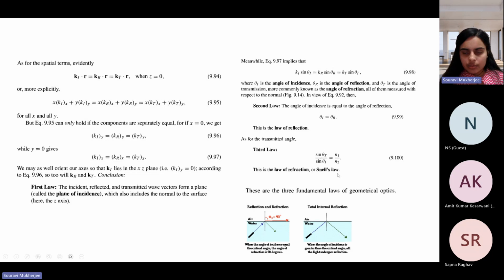Okay, and now these are some important concepts. There are cases. What can happen when your refracted angle theta t goes to 90? At that point the incident angle is called the critical angle.